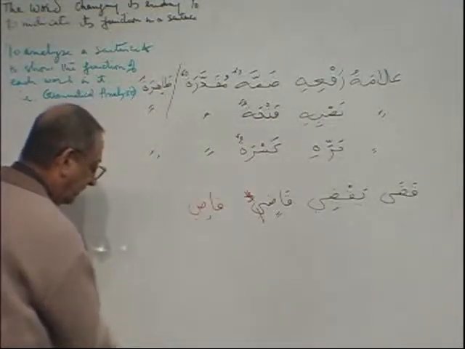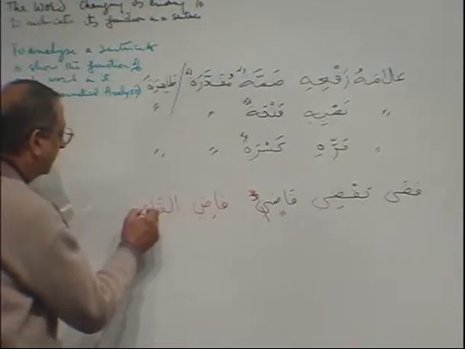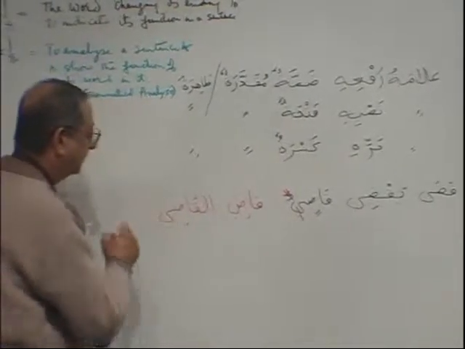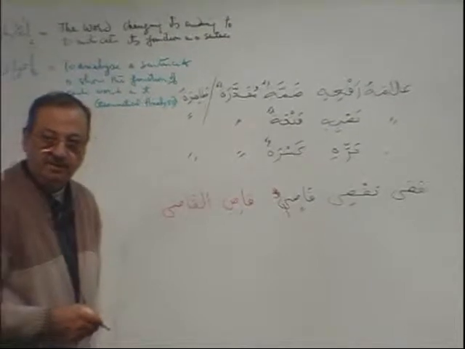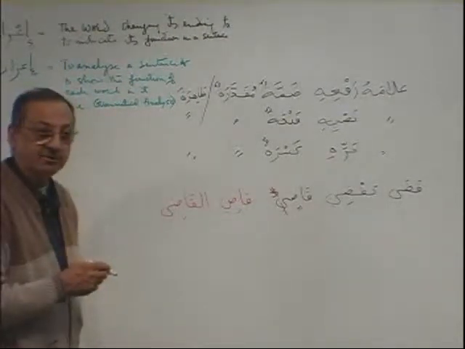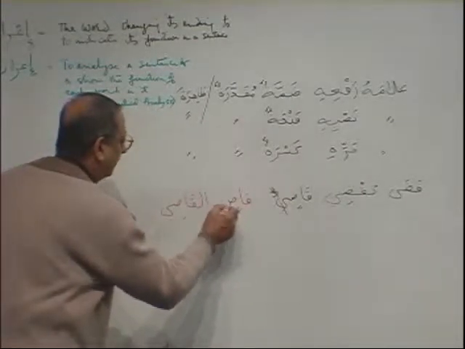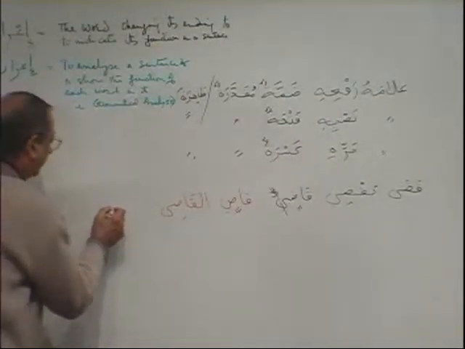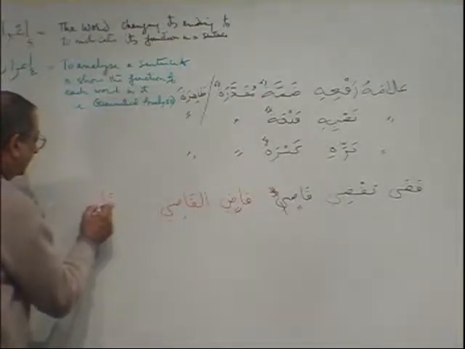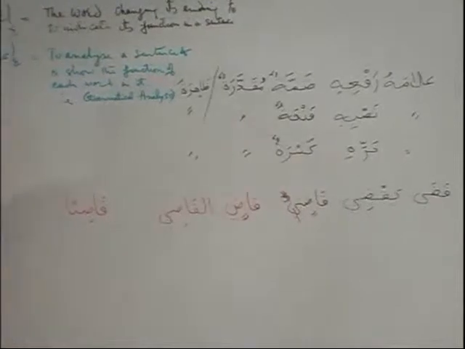But when you make it definite, then it will become al-kadi. Are you with me? Fine. Now, when you make this mansoob, then ya will open up: kadiyan. Now, these are the rules we must remember.